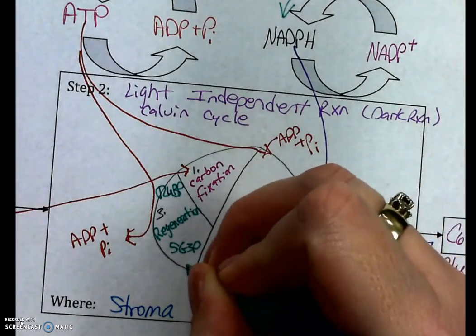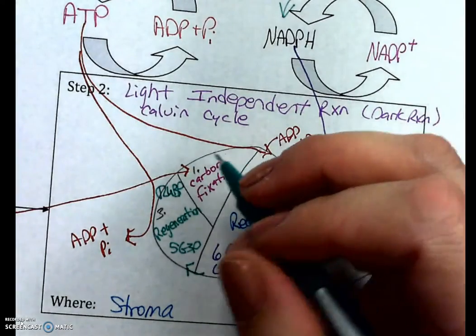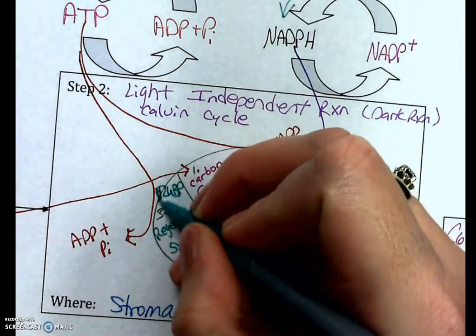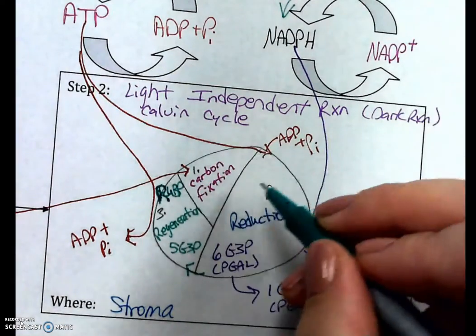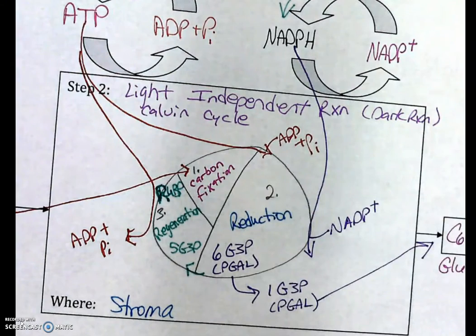Right, so we draw an arrow going this direction, meets up with RuBP up here, and that will continue on into the carbon fixation phase when carbon dioxide is present to continue making glucose as long as you have CO2.